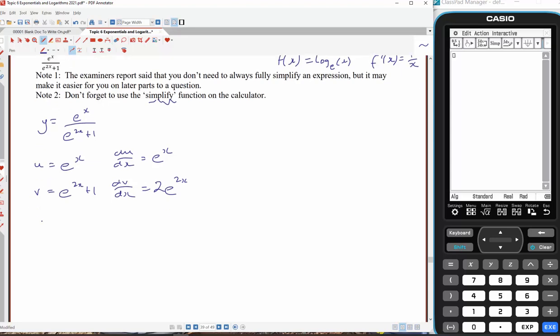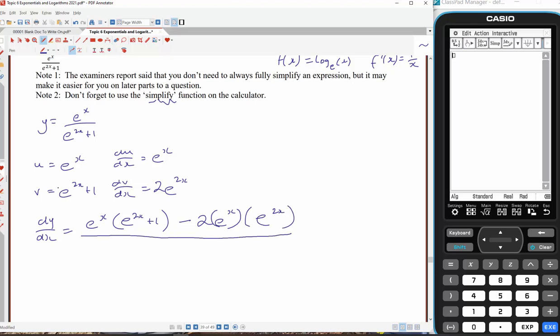So we'll go dy dx equals, so it's v du dx, so it's e to the x, e to the 2x plus 1, take away u dv dx, so this is going to be 2 e to the x, e to the 2x, over v squared, which is e to the 2x plus 1 all squared.